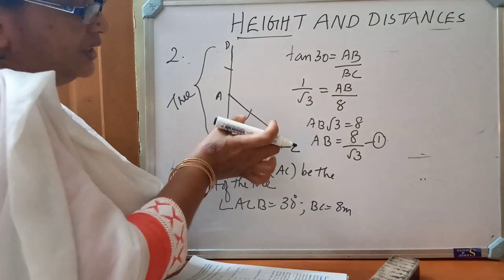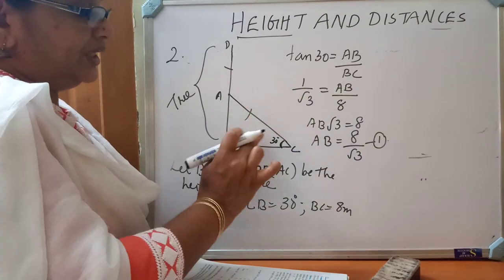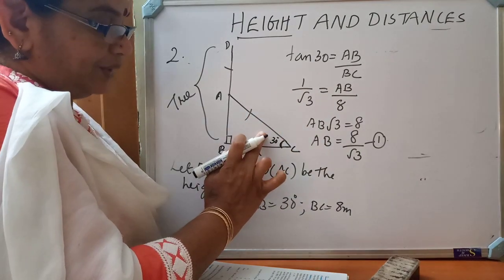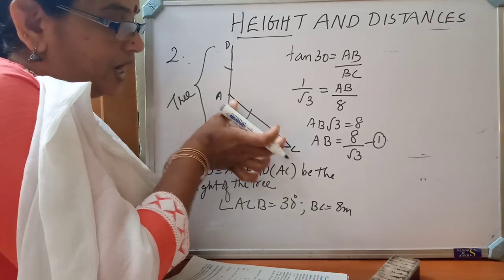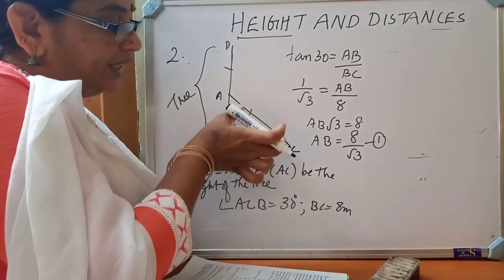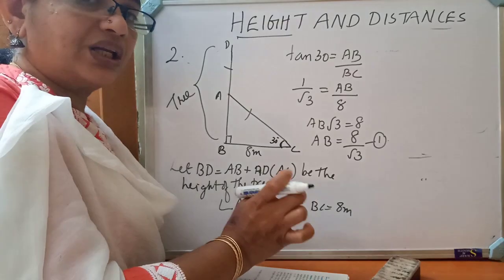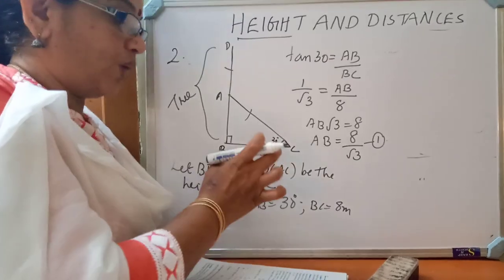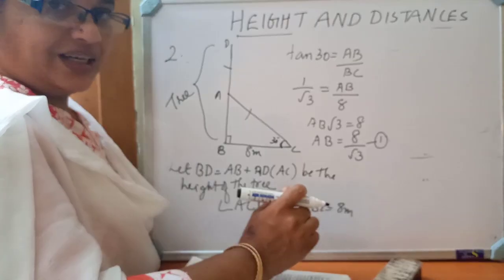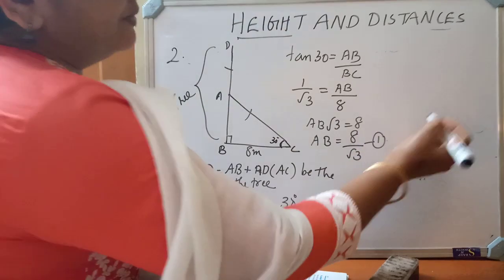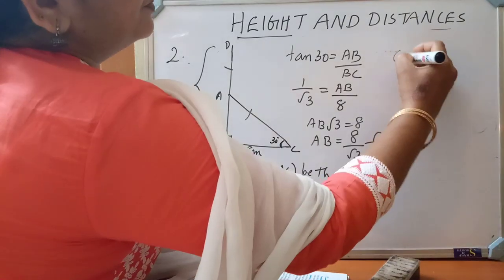Okay. For finding the value of AC, you see based on this theta value, we will have the adjacent side. This is acting as the hypotenuse. So adjacent and hypotenuse. Which trigonometric ratio will have adjacent and hypotenuse? Cos theta, isn't it? Next we can apply cos 30.